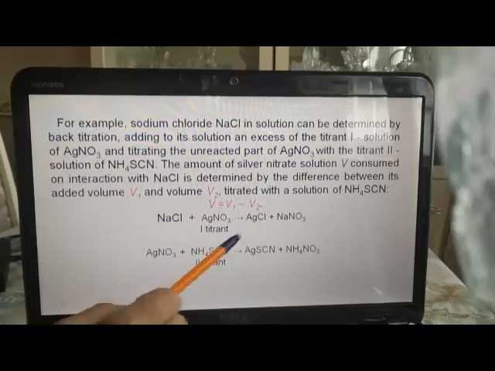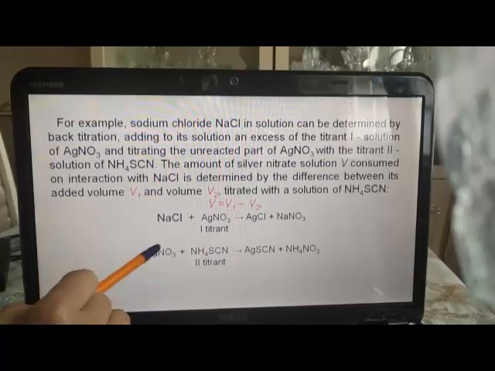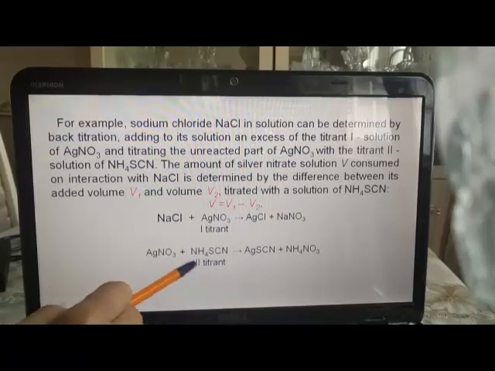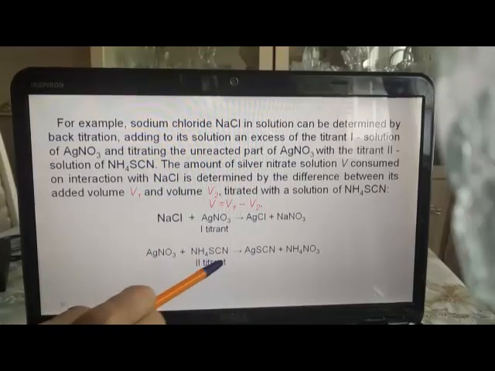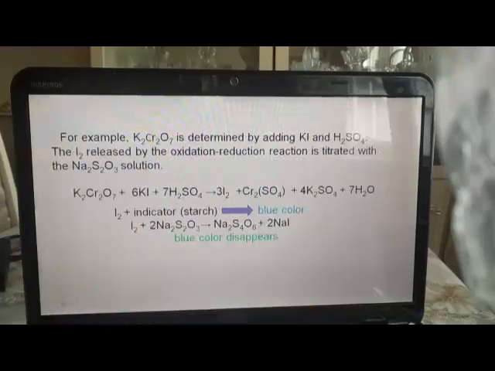Then the excess of the silver nitrate solution is retitrated with a second titrant solution, ammonium rhodanate. Now, an example of substitution titration.